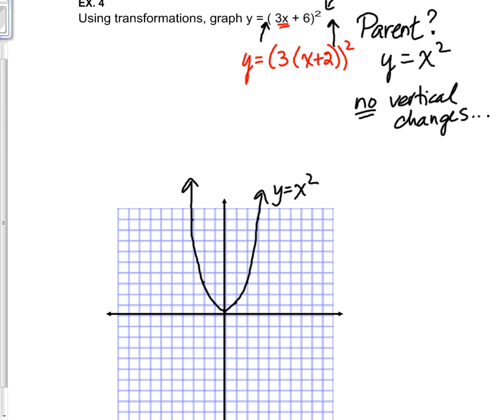Now I know how far it goes to the left or to the right. My changes are, in order, a horizontal compression, sorry, almost got me, horizontal compression by a factor of 1/3, and a horizontal translation 2 to the left.